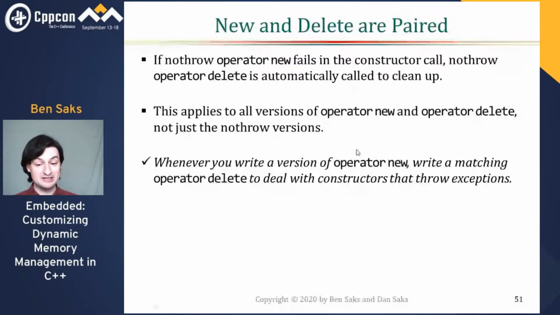What that means is that anytime you write a version of operator new, you want to write a matching version of operator delete that's paired with it, that takes the same set of arguments after the first, that is meant to clean up memory in case your constructors throw exceptions. Now, I realize on a lot of embedded systems, your constructors won't throw exceptions, but it's not that hard to write. It's often only a few small lines of code, and I generally think it's better to be safe than sorry in this sort of situation.